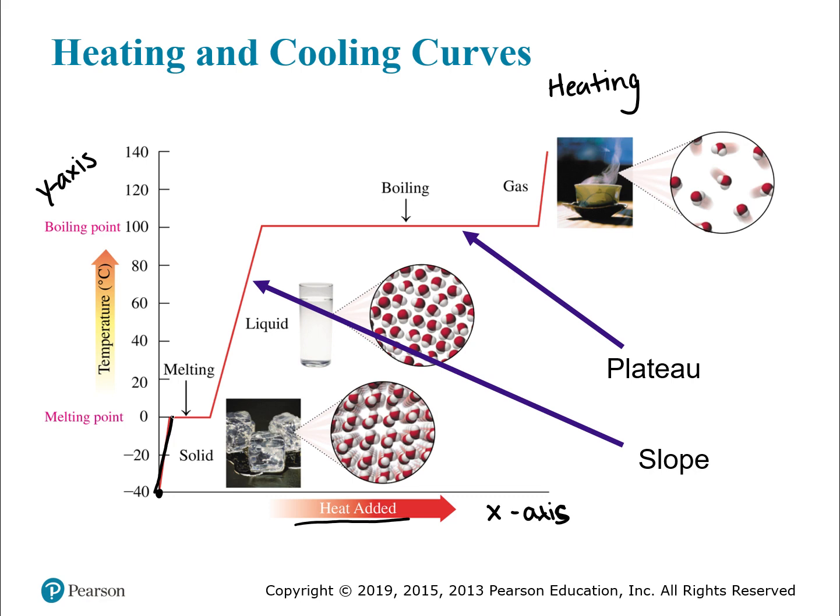So that's our increase in temperature until it gets to 0 degrees Celsius. That's the melting point. When you are changing phases or changing states from solid to liquid or liquid to gas, when that conversion is happening, there's no temperature change. You'll also notice that on here, when there's a change in state, it's a plateau.